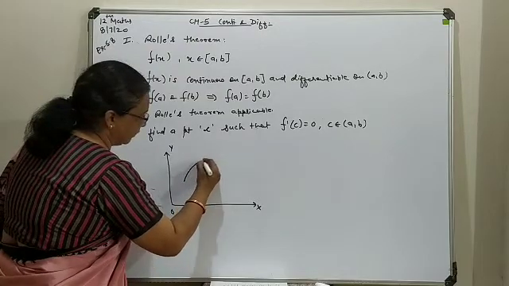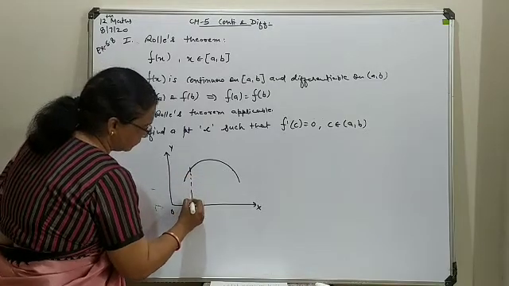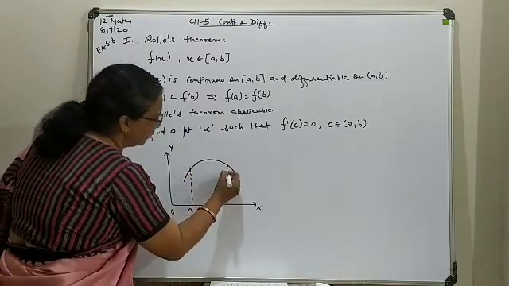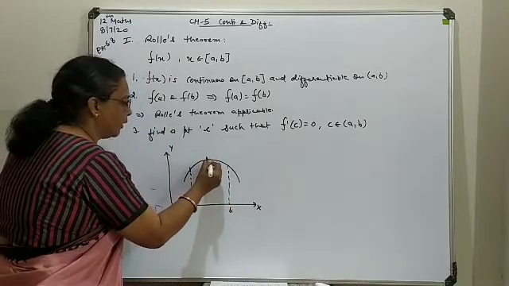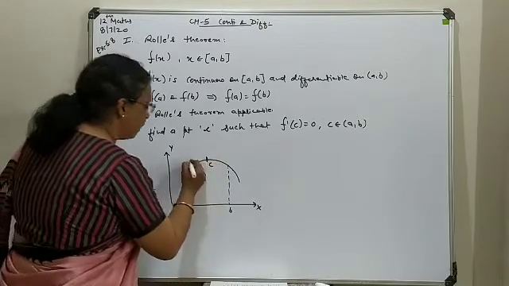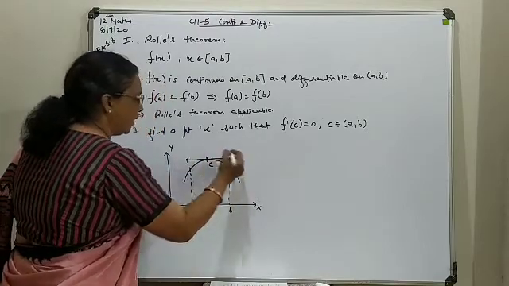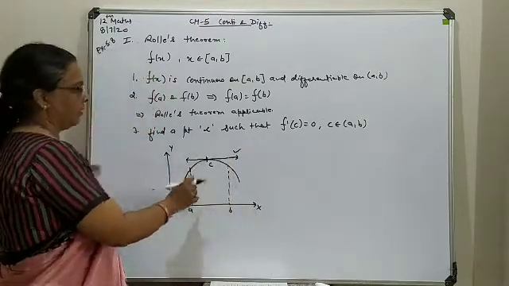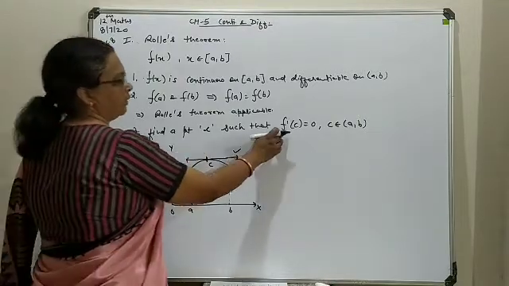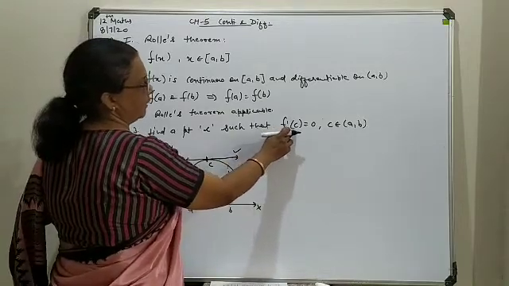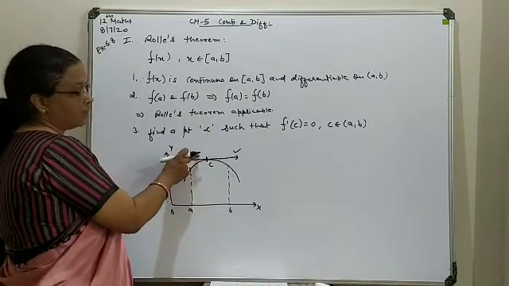This is your point A. This is your point B. On this curve we are going to find one point C in such a way that if you draw a tangent at this point, it turns out horizontal, or you can say it is parallel to the x-axis. That is, the first derivative at point C is equal to 0, meaning the slope of the tangent at point C is 0.